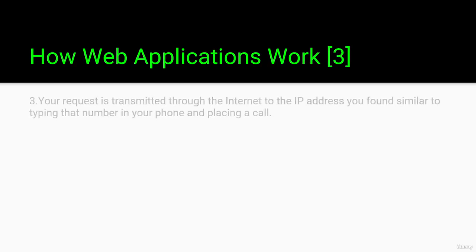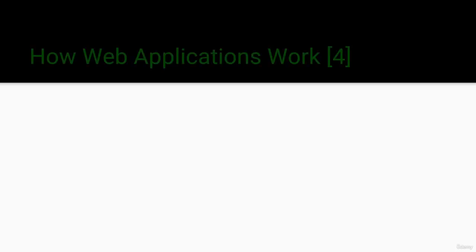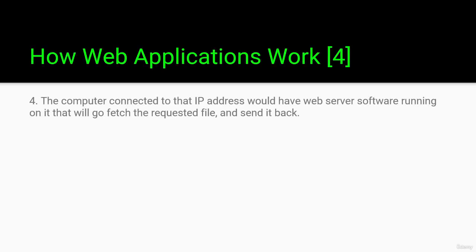Now the third step: your request is transmitted through the internet to the IP address you found, similar to typing the number on your phone and placing a call. The fourth step: the computer connected to that IP address has web server software running on it, which will fetch the requested file and send it back.